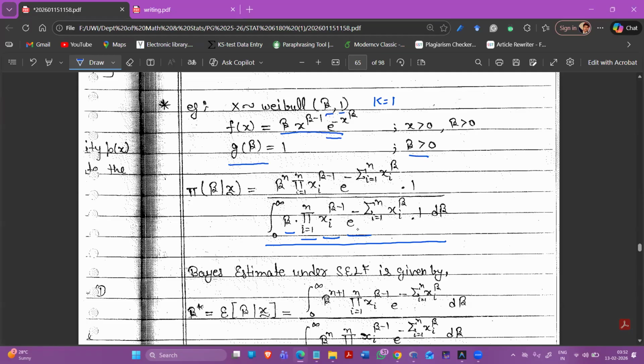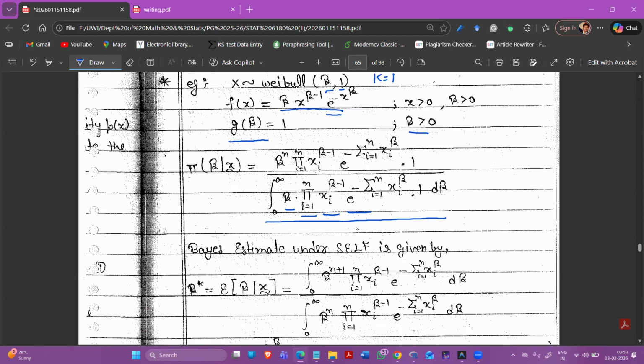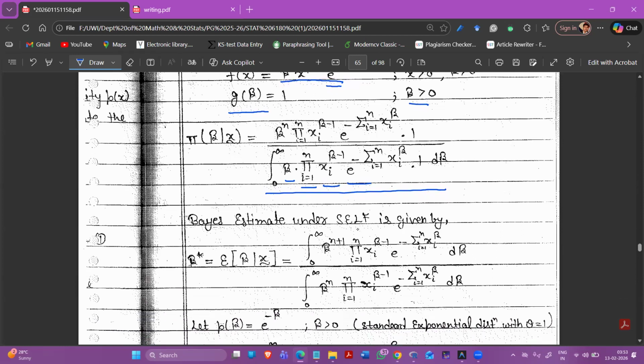To get the posterior density function, first you need to solve this one, and after that, to find the Bayes estimate, you need the posterior density. If you don't have the posterior density, how will you find the Bayes estimate? So if we are considering the Bayes estimate under the squared error loss (SELF), how will you find it?